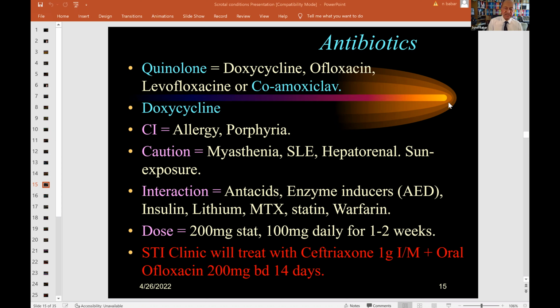If the patient is treated in the STI clinic, they usually use ceftriaxone, 1 gram intramuscular, and oral ofloxacin 200 milligrams BD for 14 days.